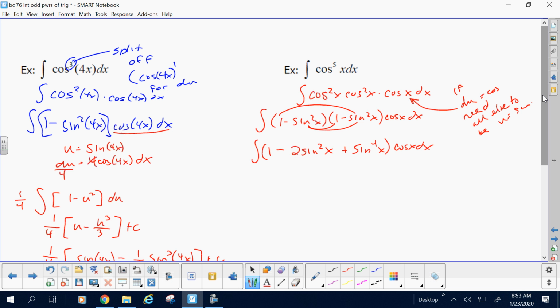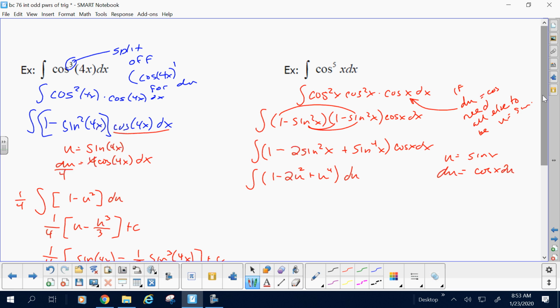All right. U, what is it? Sine. Du? Cosine. With substitution, my new integral is 1 minus 2u plus u squared, plus 2u squared plus u to the 4th du. Didn't have to do much to get my du.